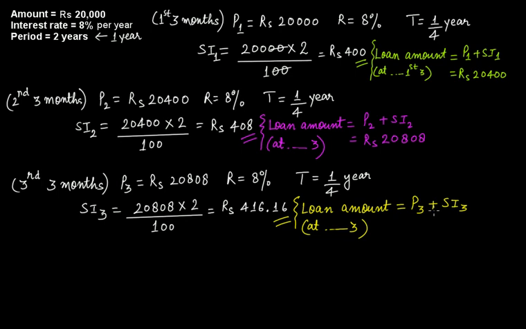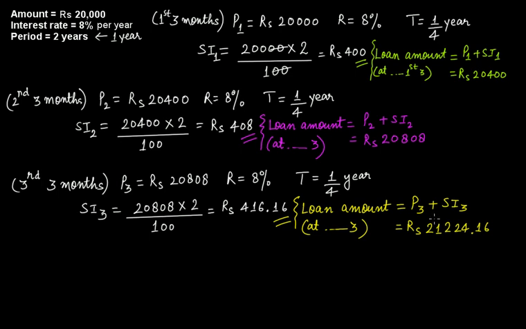P2 is P1 plus SI1. It means that this P3 plus SI3 is nothing else but P1 plus SI1 plus SI2 plus SI3, right? So if you add this, you'll get rupees 21,224.16.